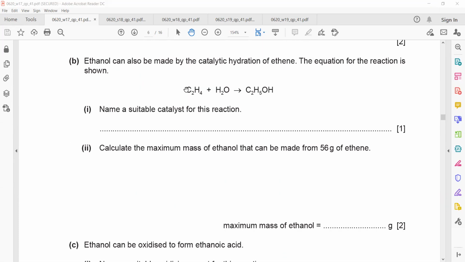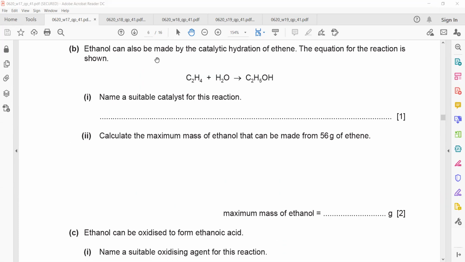Then the second part: ethanol can also be made by catalytic hydration. Hydration means addition of water, and catalytic means with the help of a catalyst. The equation for this reaction is shown. Name a suitable catalyst for this reaction. What is the catalyst used for hydration? Phosphoric acid. That's right.